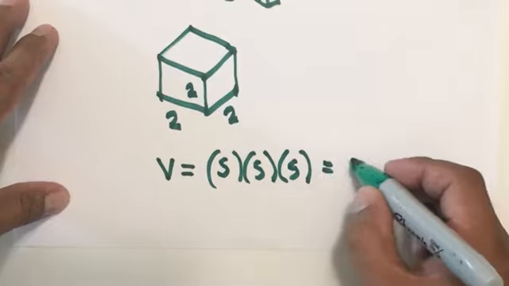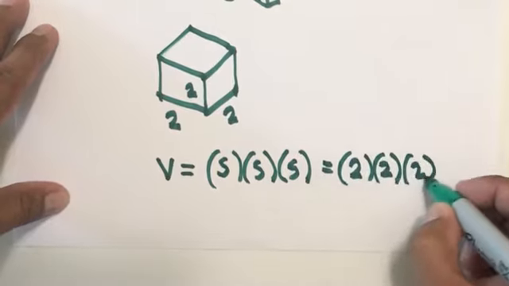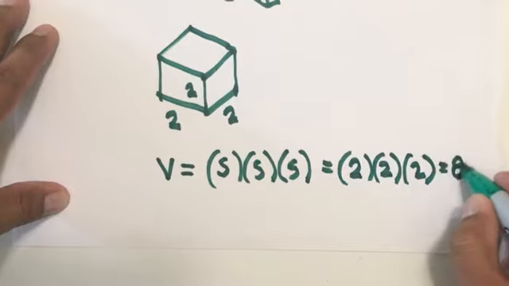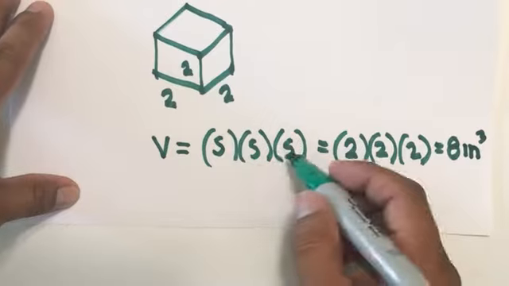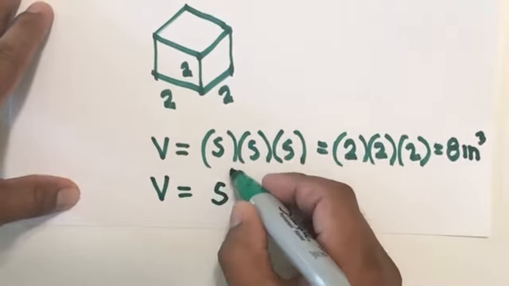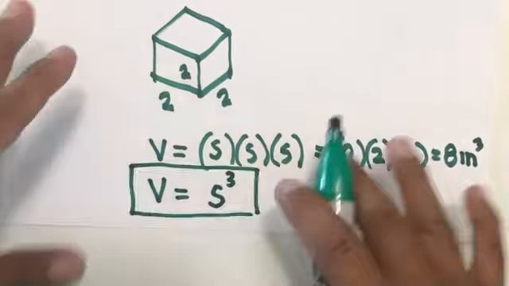This is equal to 2 times 2 times 2, and you have 8 inches cube. Another way of writing side times side times side is s to the third power, or s cubed. This is now the formula for finding the volume of a cube.